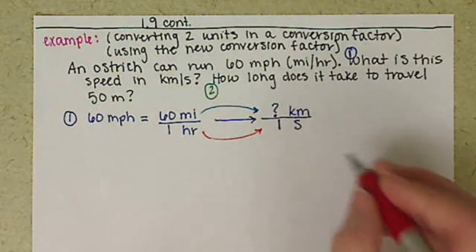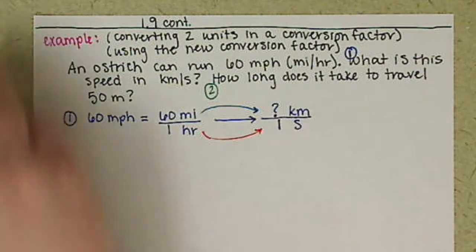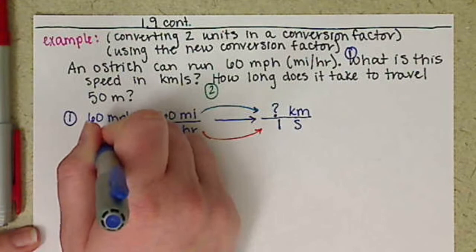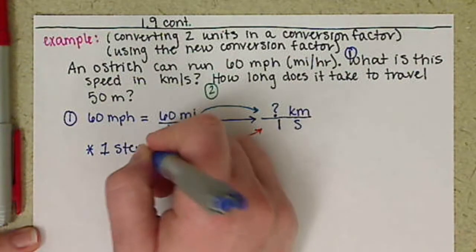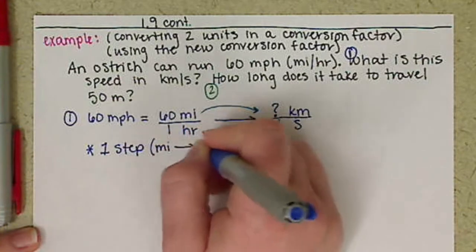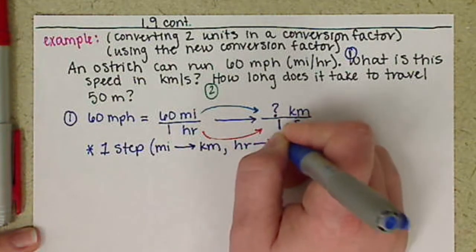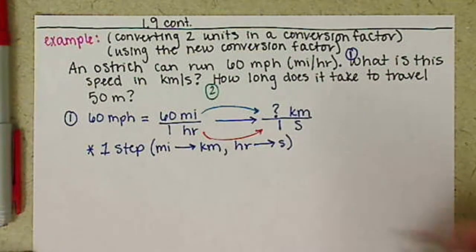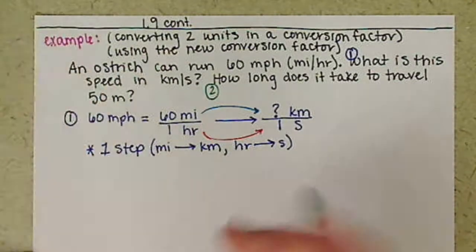Okay. Now we have 2 options for this first conversion. We can either do this in one step, okay, do both the miles to kilometers and the hours to seconds, all in one step, or we can do this in 2 steps.